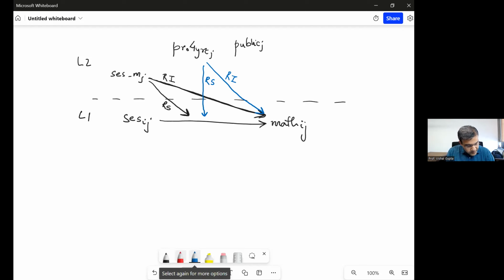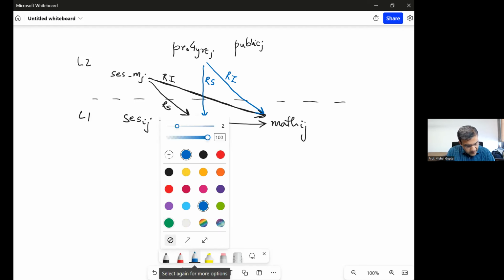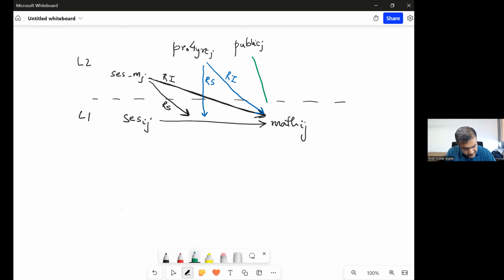Let me use a third color. This is my random intercept, and this is my random slope. This is what we are trying to do. This is the conceptual diagram.